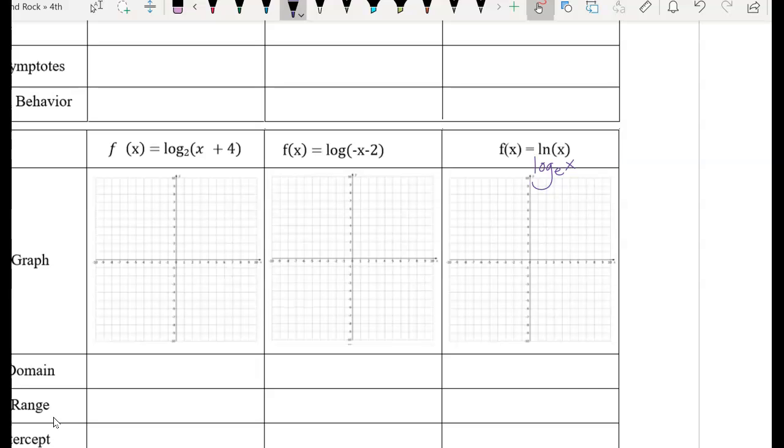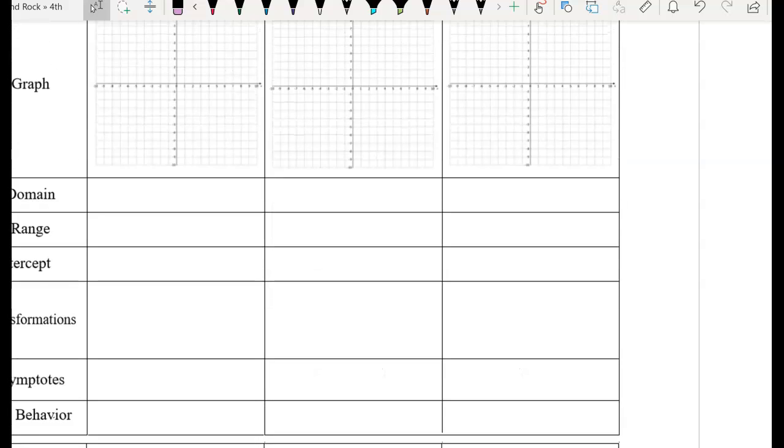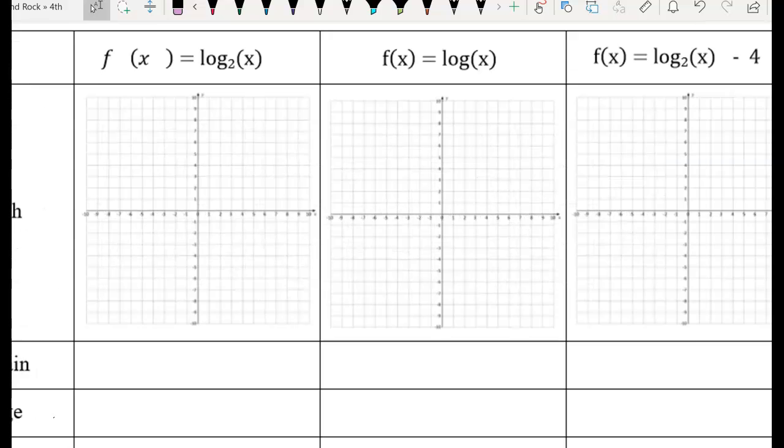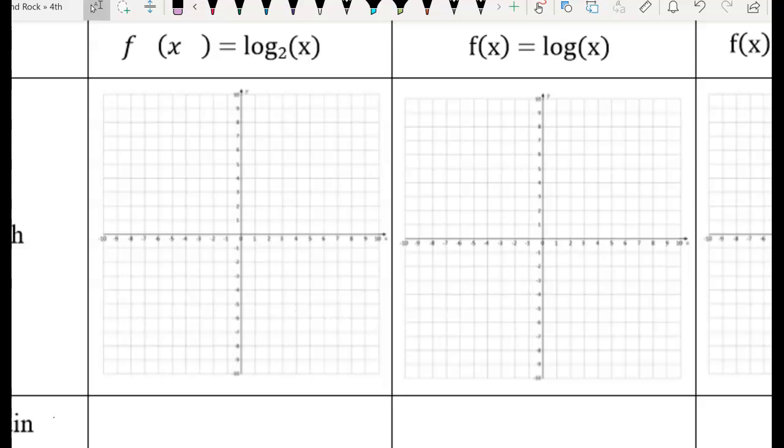Okay. Well, let's graph this one first. Now, there's two ways you can graph it. Either you can be super confident about log, which hopefully by the end of this unit we will be, or you can think about what the inverse function is going to look like and then reflect it over y equals x.